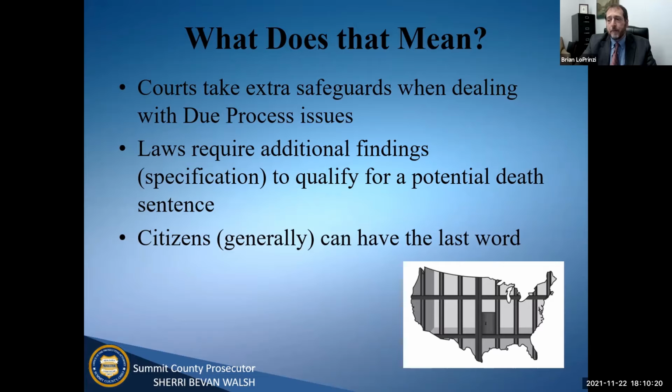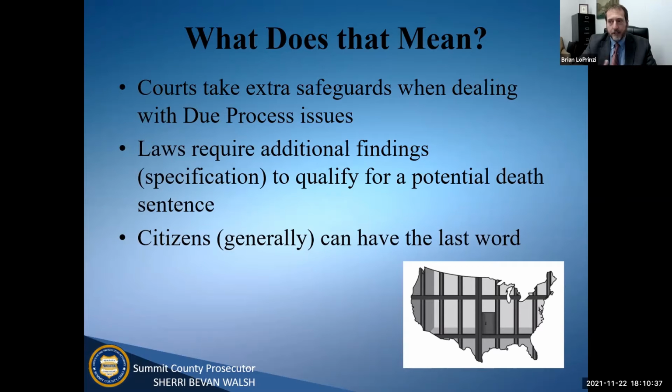So all extra safeguards are taken in our due process. In order to have a death penalty, the law is different because you have to have additional findings. You can't just find that somebody committed an aggravated murder. You have to have additional findings, which we'll get into later, that qualify that particular type of murder for a death sentence.